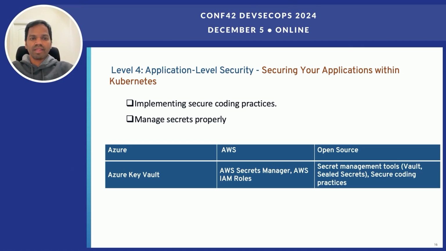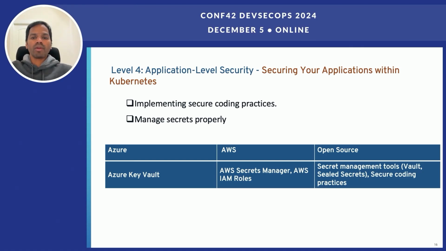Next is level 4, which is application level security. In this layer, we need to focus on implementing secure coding practices and managing the secrets properly. In the case of Azure, they have Azure Key Vault, Secrets Manager, and IAM roles. And for open source, there are tools like Vault and Sealed Secrets.